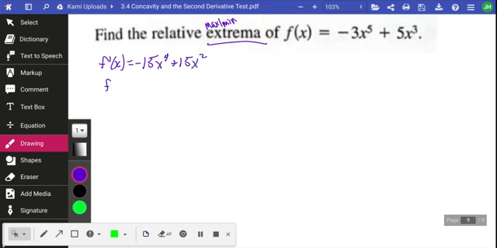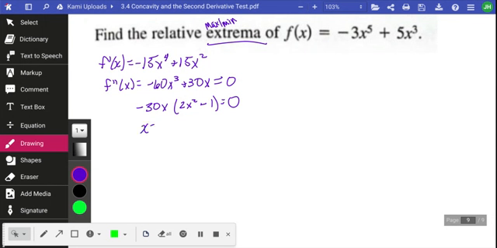And then I will do the second derivative, and I will have -60x cubed plus 30x. And I will factor this because I need to figure out where it's 0. I will factor out, how about -30x? And I'll be left with 2x squared minus 1 equal to 0.